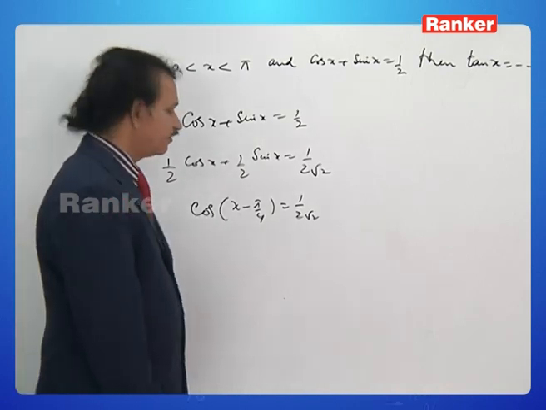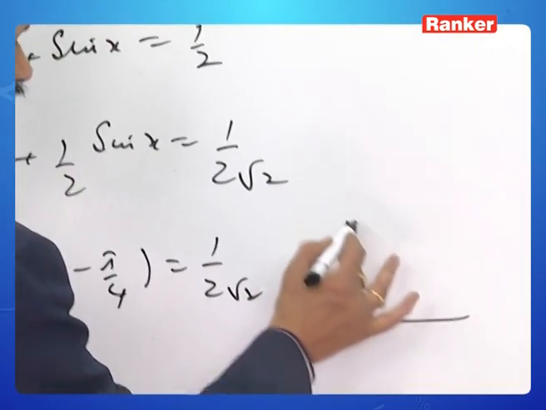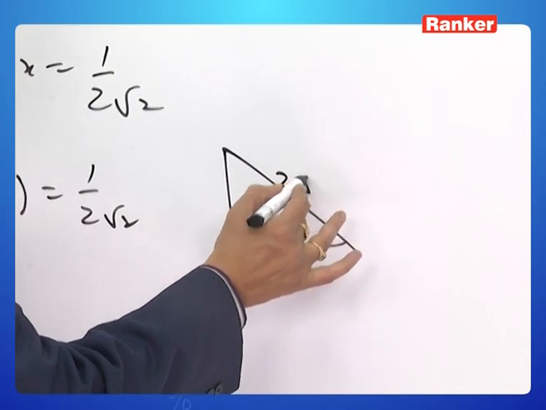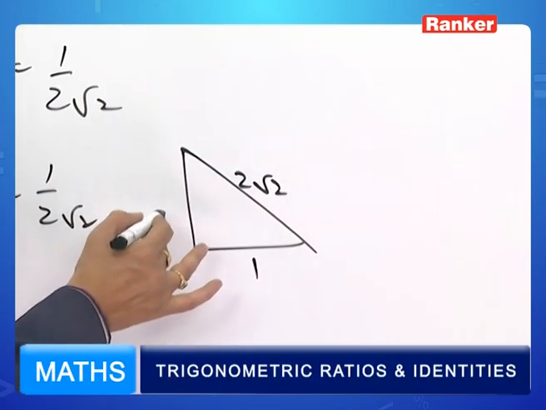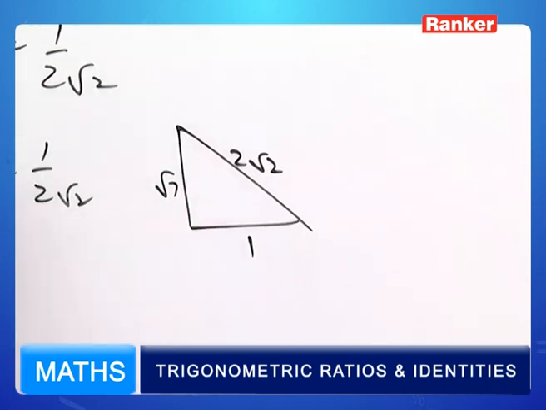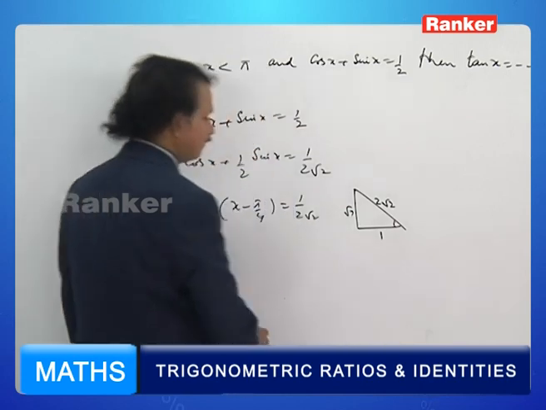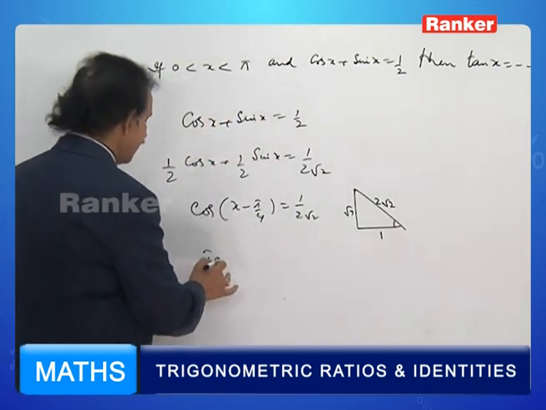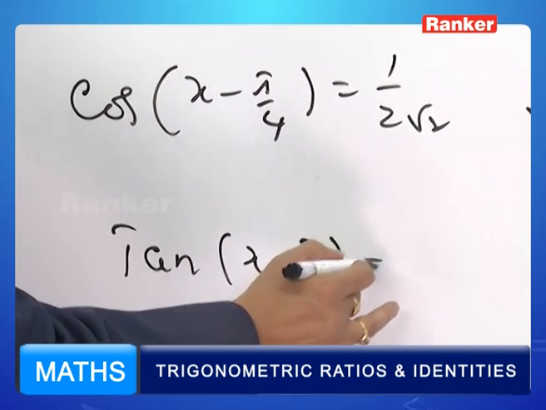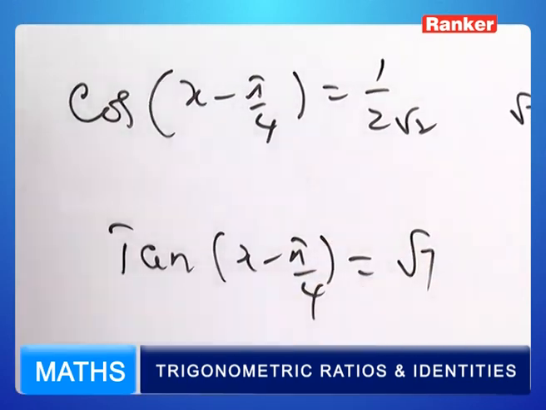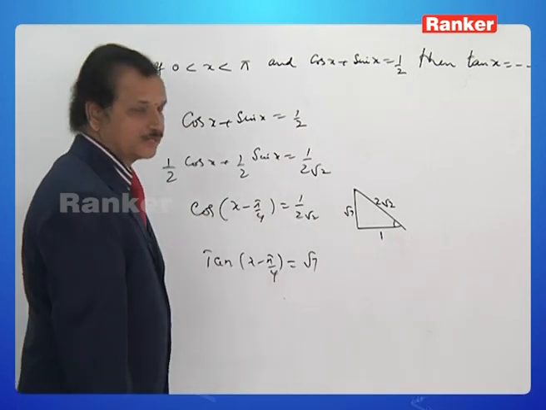So by making use of this, with our rough estimate, 2 root 2, this is 1, automatically this is root 7, isn't it? This is of course theta, that is x minus pi by 4. From this, tan of (x minus pi by 4) is root 7 by 1, isn't it?